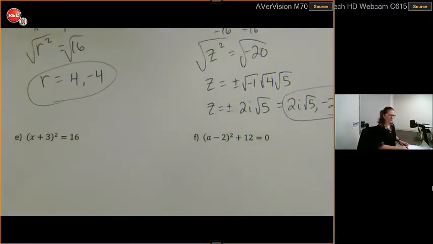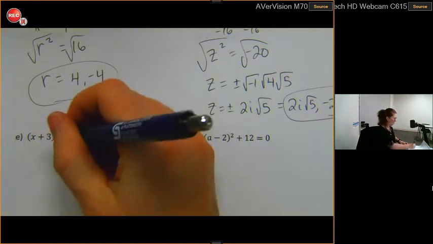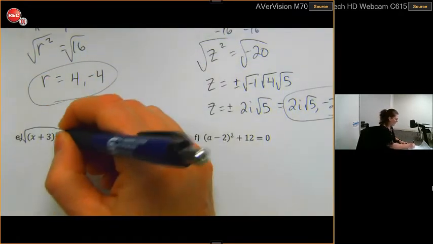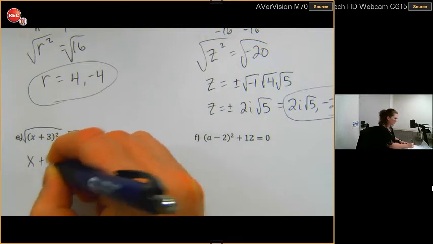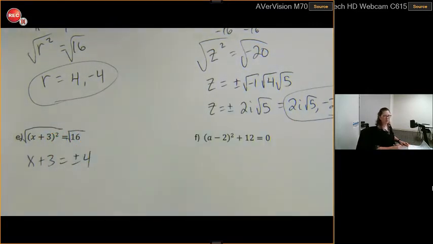Letter E, a little bit different this time because I have the x plus 3 in parentheses. This is a case where you actually don't want to FOIL. Because we have this equal sign equation, I can square root to cancel out the squared. So I just have x plus 3. And then the square root of 16 is plus or minus 4.